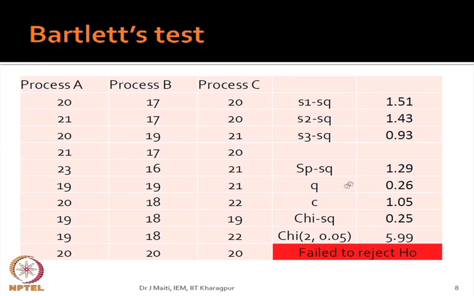So, you have computed first pooled variance, then q, then C, then chi-square, which is 0.25. Now, we all know that chi-square with 2 degrees of freedom and alpha equal to 0.05, this value is 5.99. We have seen this one earlier also. Now, the computed value is less than the tabulated value. So, what will be your decision? You will accept the null hypothesis or reject the null hypothesis? Accept the null hypothesis. You fail to reject the null hypothesis.